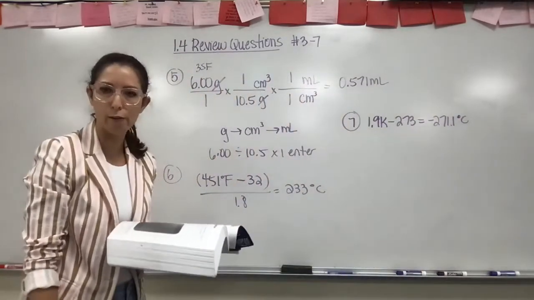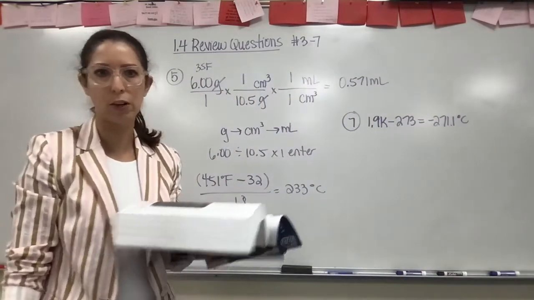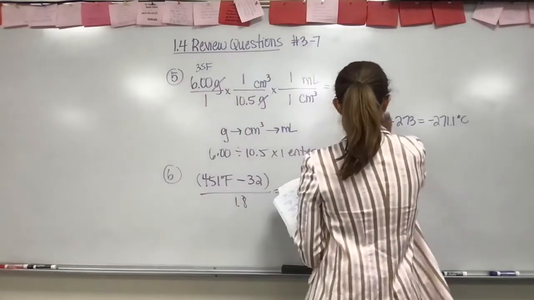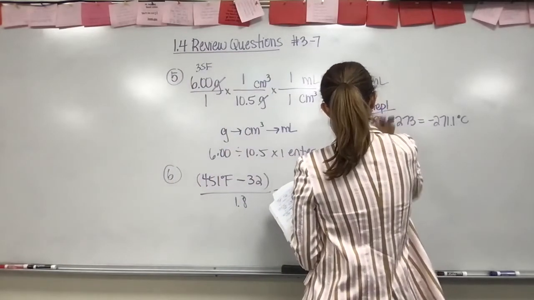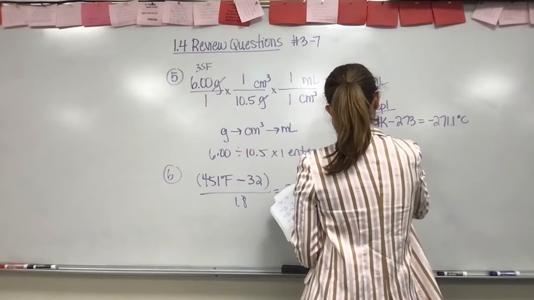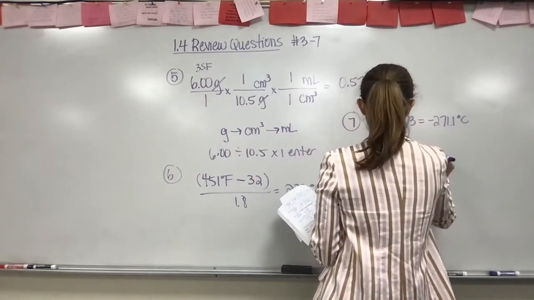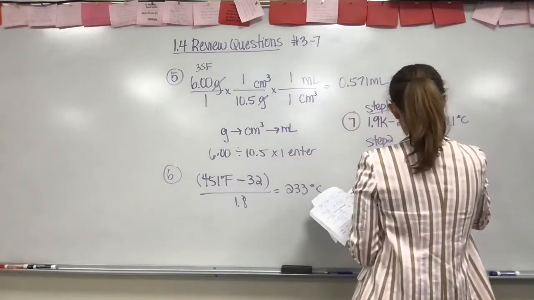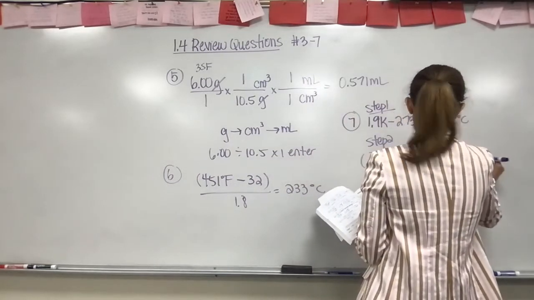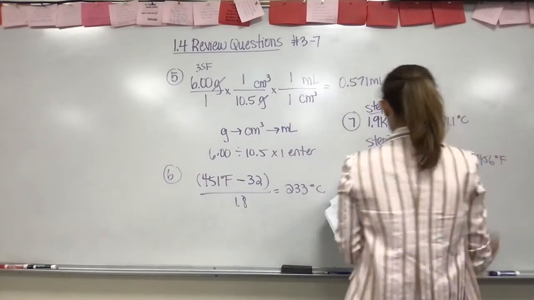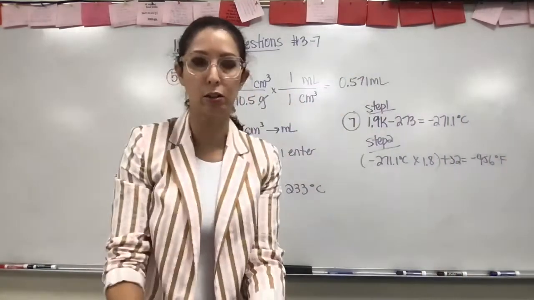So you've got to do that first before you can convert to degrees Fahrenheit. Then take negative 271.1 degrees Celsius, multiply it by 1.8, add 32. This is going to be negative 456 degrees Fahrenheit, rounded to the nearest whole number.